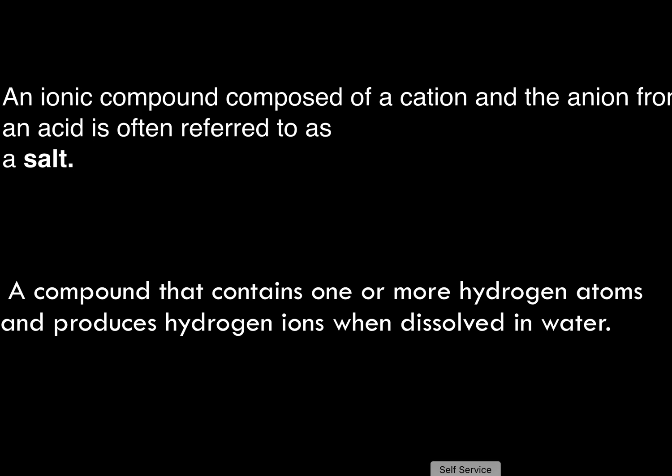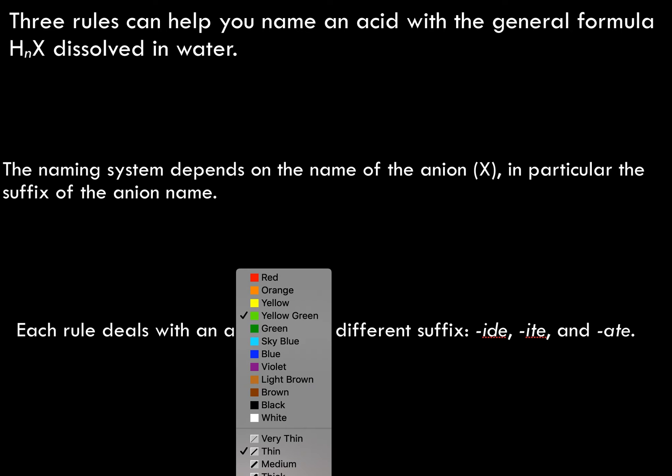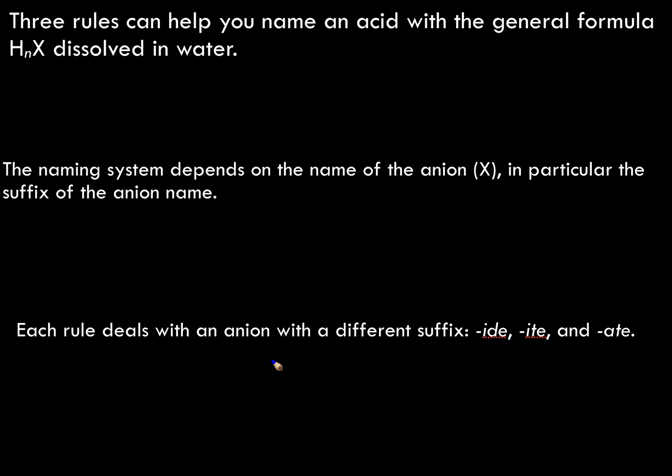So there are 3 rules for writing and naming acids. These 3 rules can help you name an acid with a general form HNX dissolved in water. And I'll talk about that a little more. HNX. H is the number of hydrogens, or we'll just say hydrogen for right now.